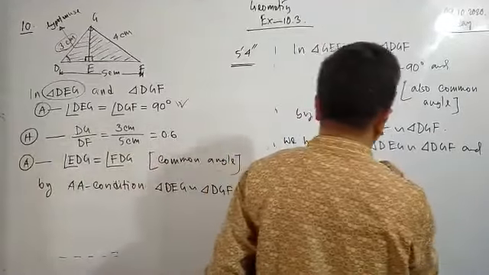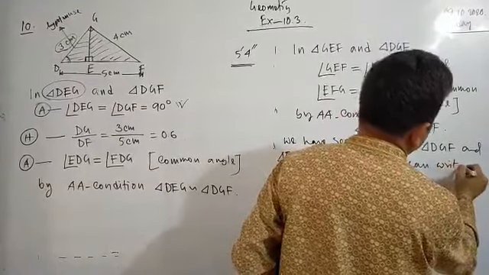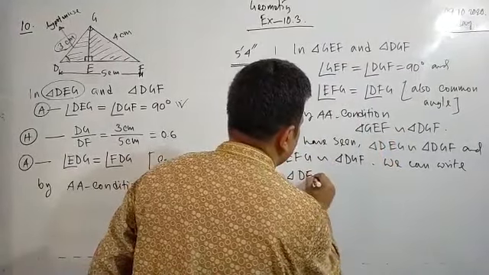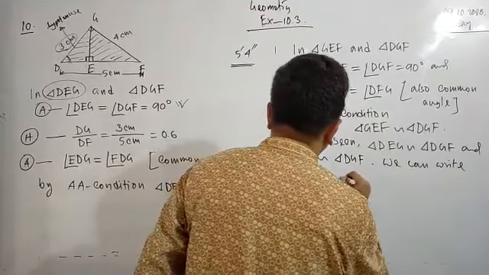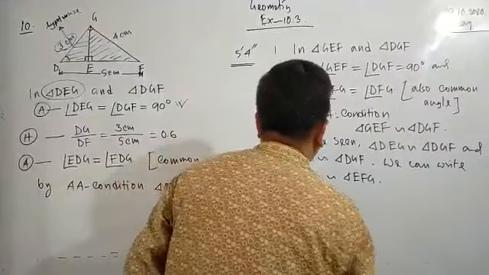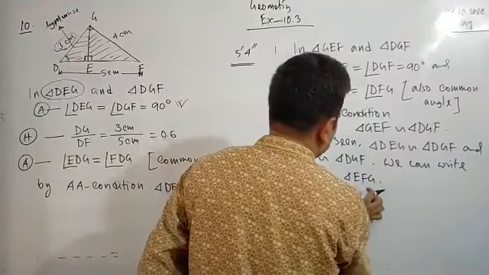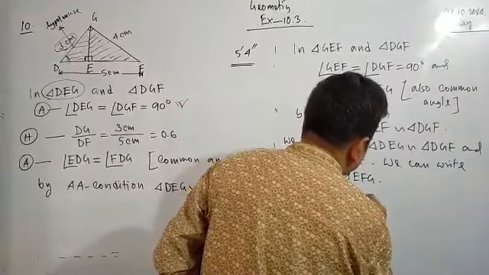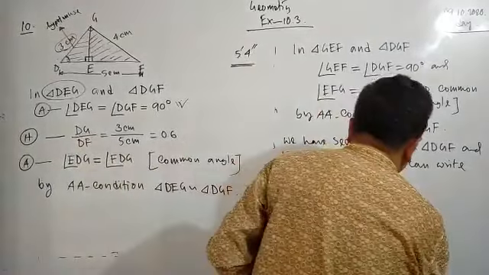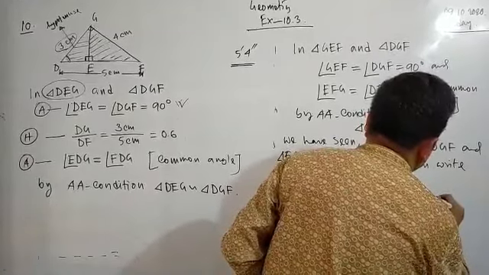So we can write triangle DEG is similar with triangle EFG. Therefore triangle DEG is similar with triangle DGF, similar with triangle EFG.